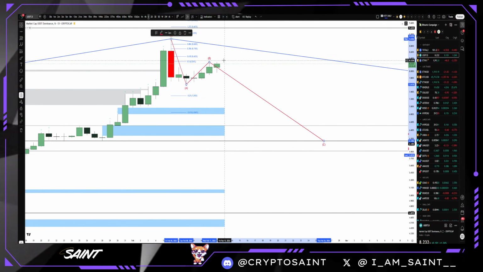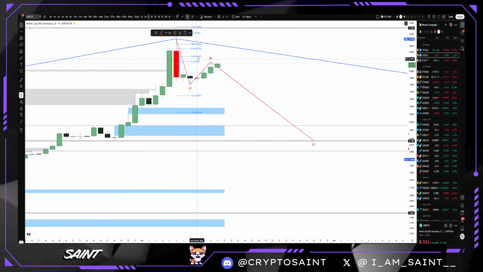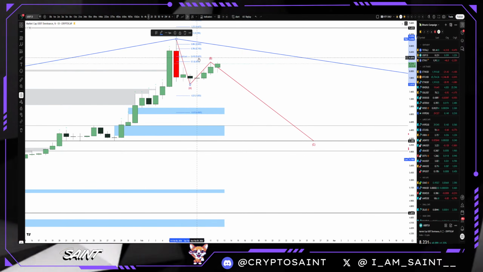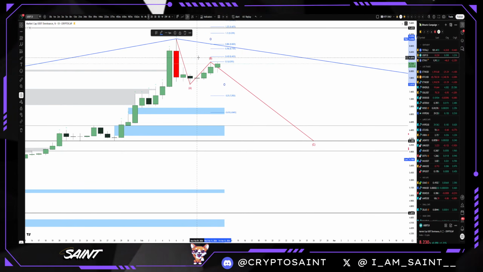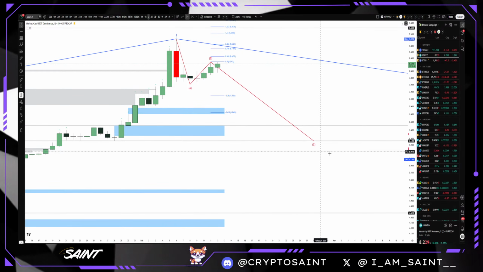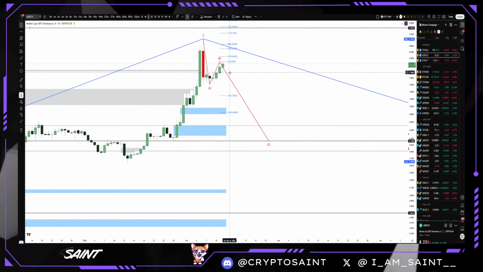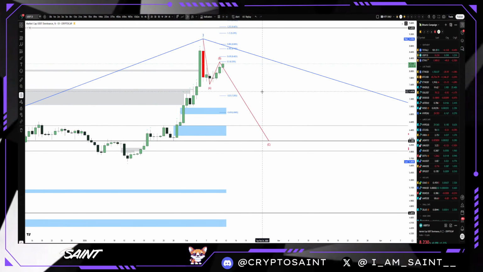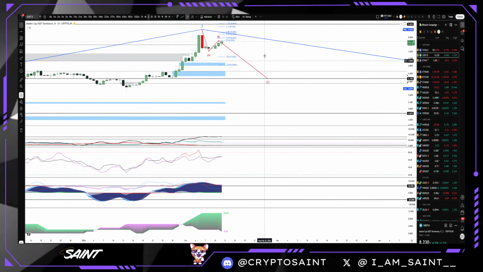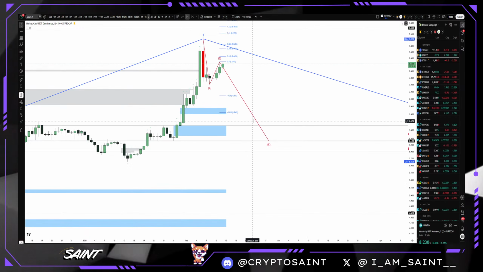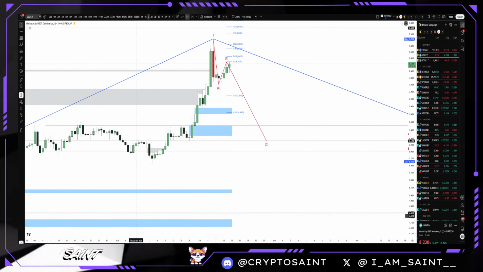So almost like an equal high. Not quite, but similar to it. It's a lower high. It's good news. Still lower high. So let's see if we can maintain that.